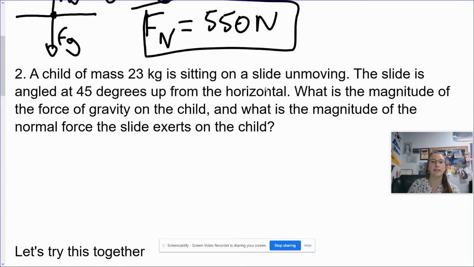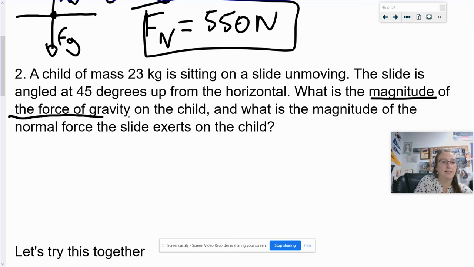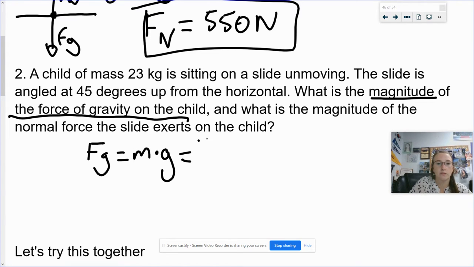This is going to be one where we need to break it down and find the y component of gravity. Okay, so the magnitude of gravity is always mass times g. Again, this is F equals ma. a just happens to be gravity. 23 times 10, 230 newtons.